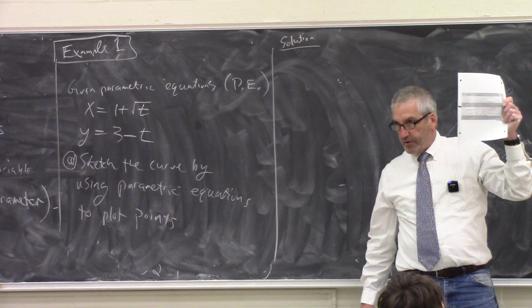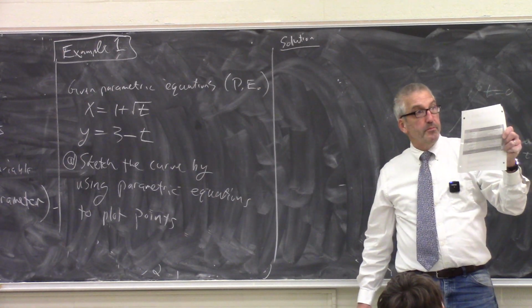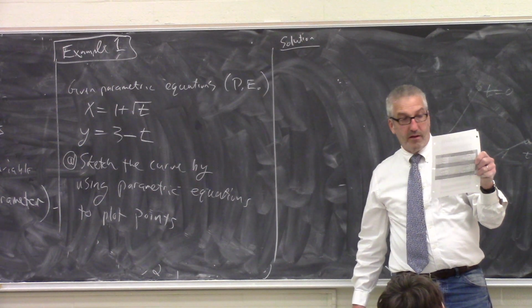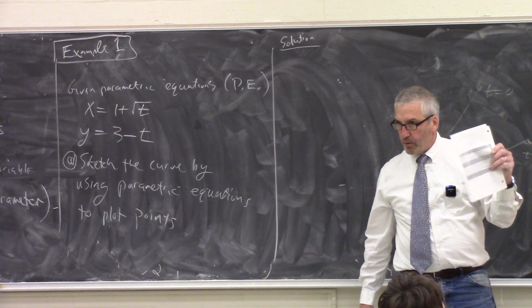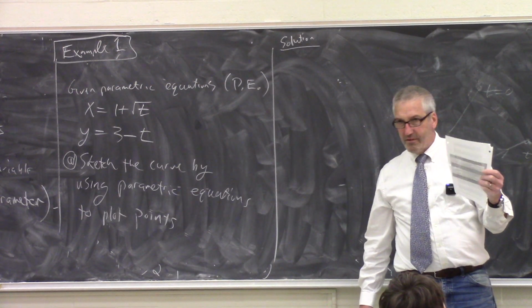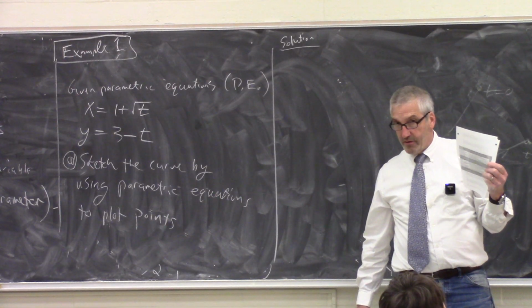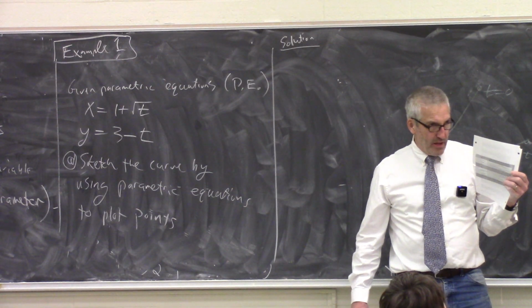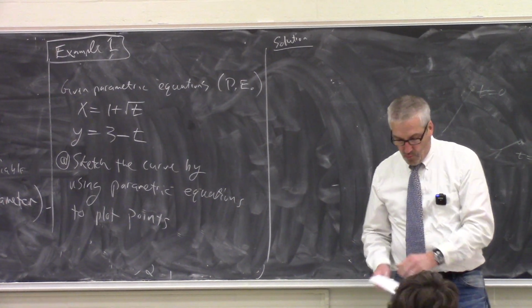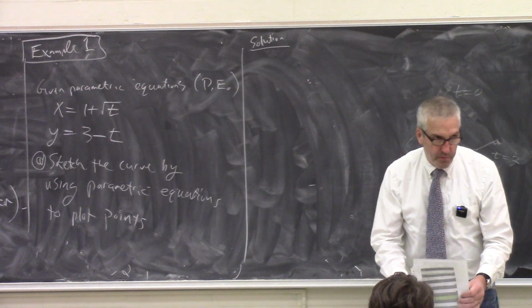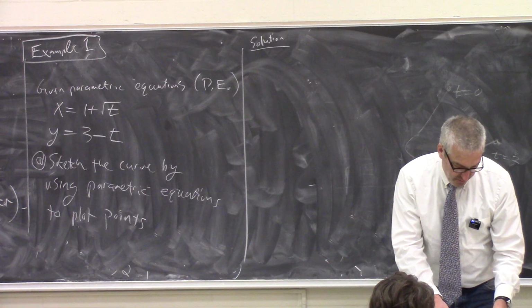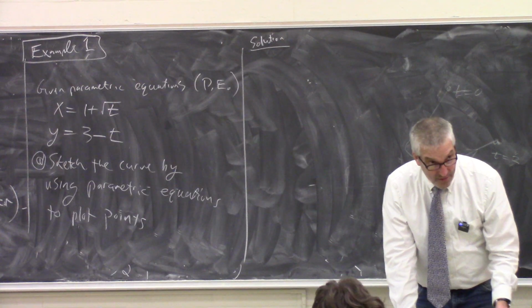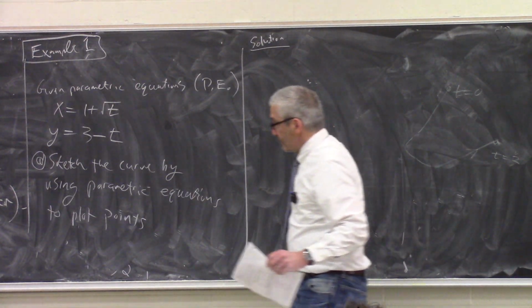The ones that are underlined are not in WebAssign. If there are problems like that, it's because I've decided they're too important to skip. What's in WebAssign is what's easy for WebAssign to do. It's not that these are the best problems; these are the ones that we can easily make a computer version of. So if something's not in WebAssign, it doesn't mean that it doesn't matter. It just means that it's not convenient to make a computer version of it. So you need to be reading the book, doing examples, and looking at that homework list and doing problems that are underlined.